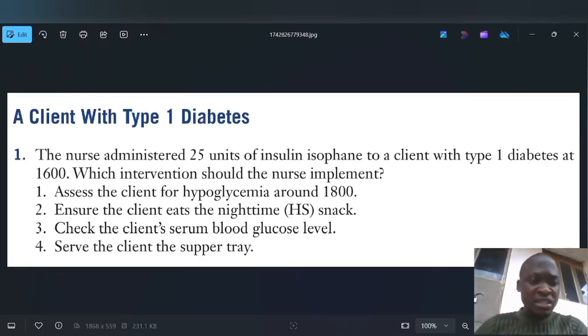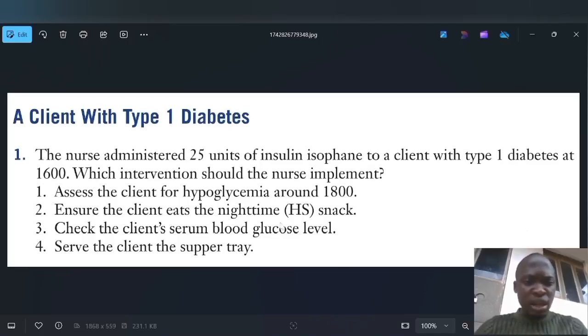Here we have 1600, which is 4 p.m. 1600 plus 6 to 8, that means that's nighttime. So the answer is number 2, ensure the client eats the nighttime HS snack. Yes, because by that time there will be hypoglycemia, so the patient will experience hypoglycemia at this point.